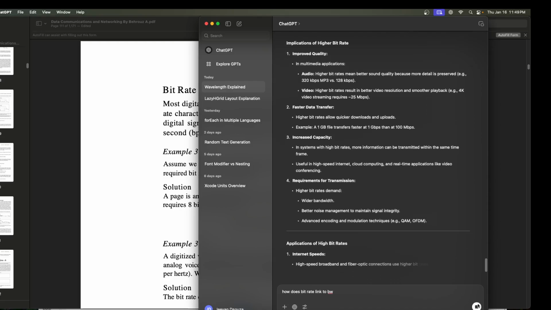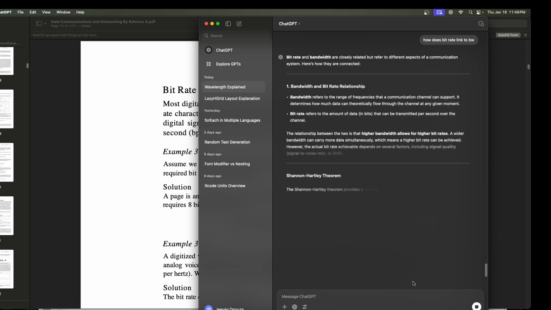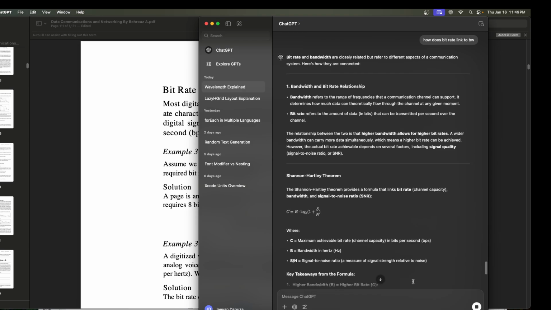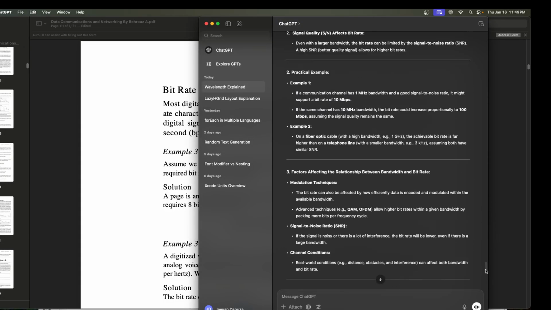Oh, okay, this is something interesting. By higher bit rate, I have more number of bits in 1 second.